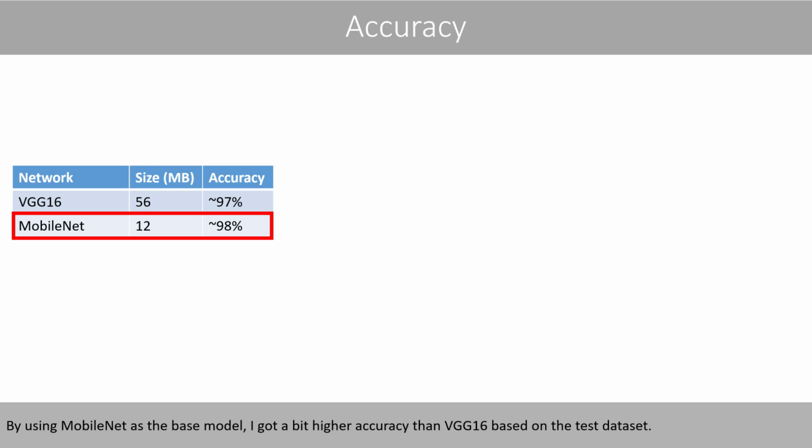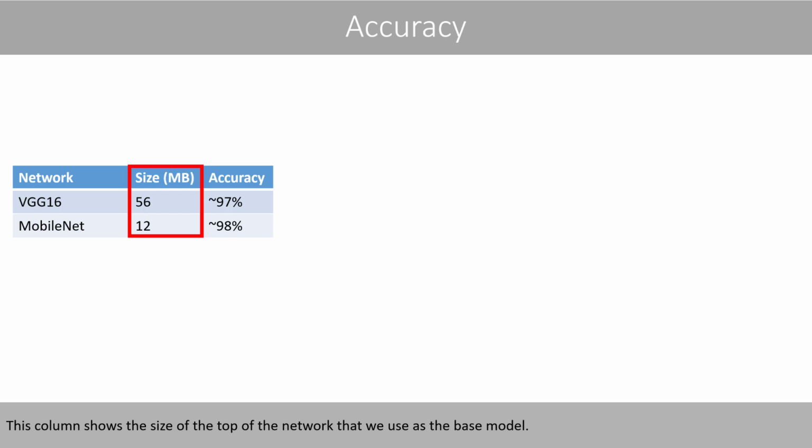By using MobileNet as the base model, I got a bit higher accuracy than VGG16 based on the test dataset. This column shows the size of the top of the network that we use as the base model.